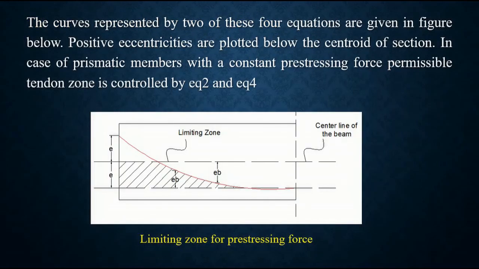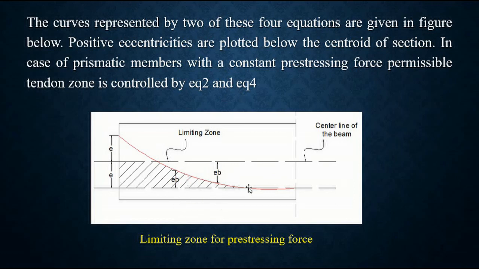The curves represented by two of these four equations are given in the figure below. Positive eccentricities are plotted below the centroid of the section. We will be using the positive eccentricity, that is equations 2 and 4. In the case of prismatic members with a constant prestressing force, the permissible tendon zone is controlled by equations 2 and 4.